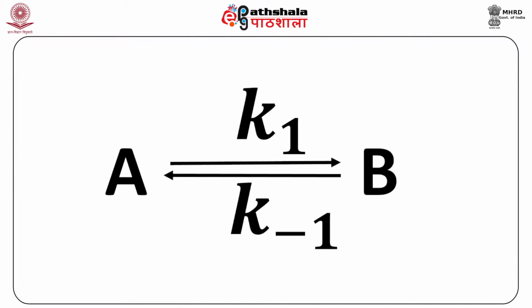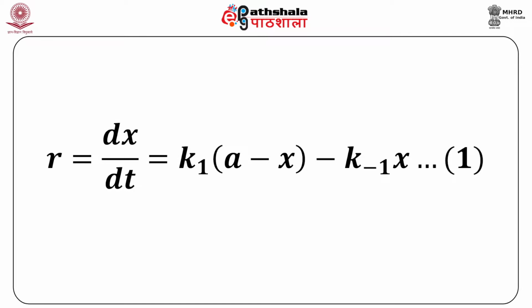Consider a reversible first order reaction where A is the total concentration of reactant and product A plus B, and x is the concentration of B at any instant. Then the rate R equals dx by dt, which equals K1 into (A minus x) minus K minus 1, the rate constant of the reverse reaction, into x.